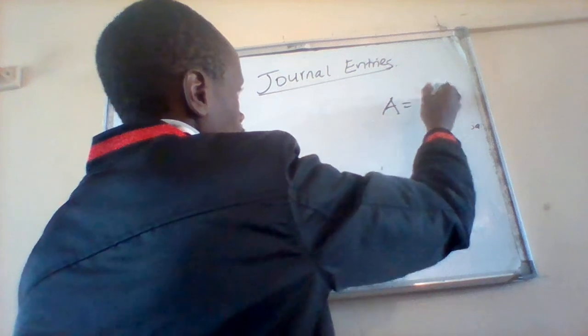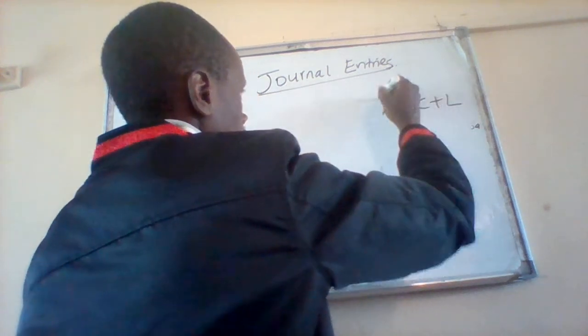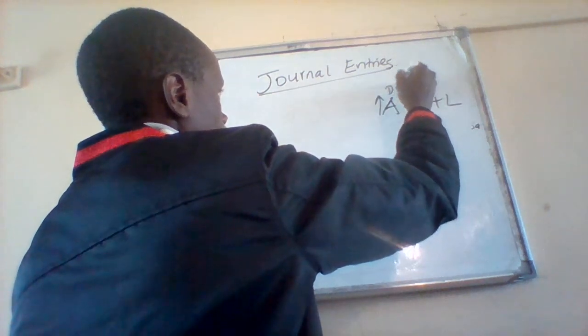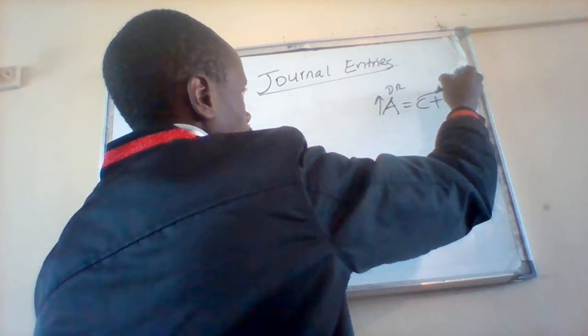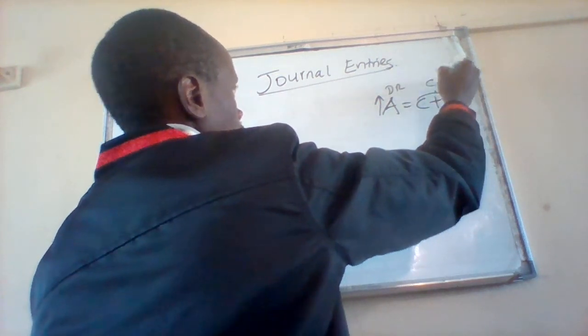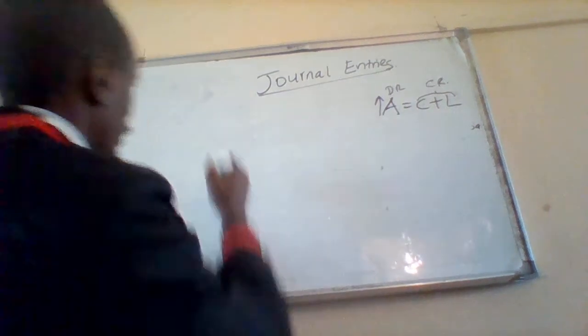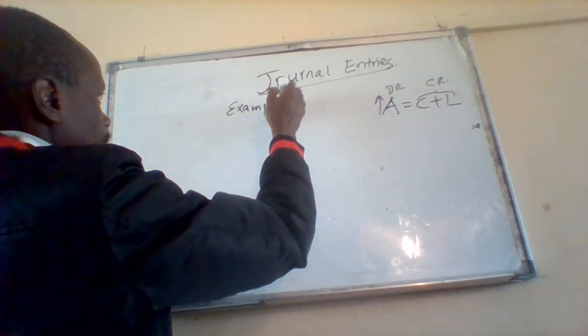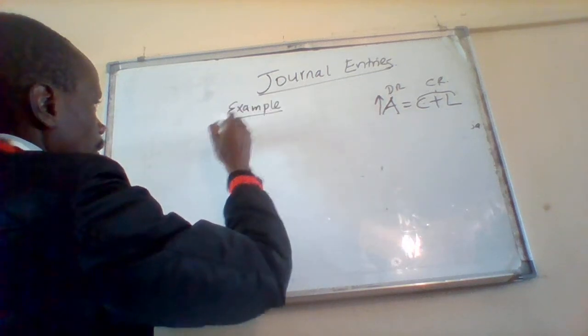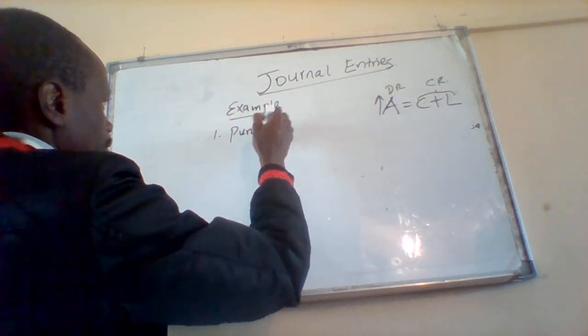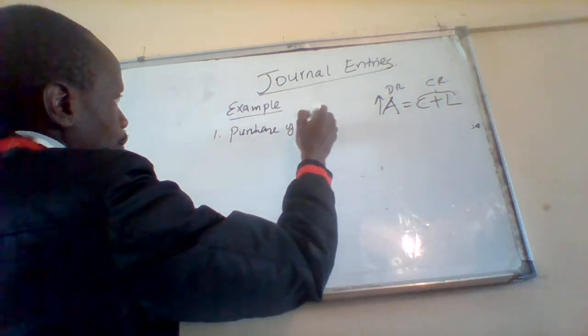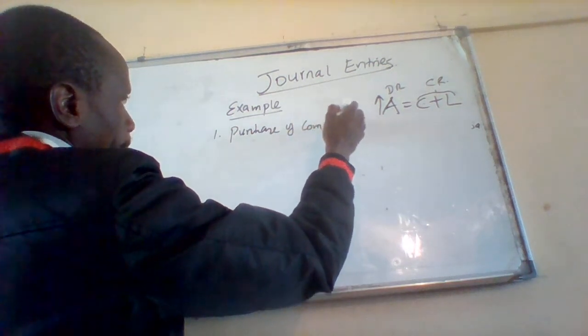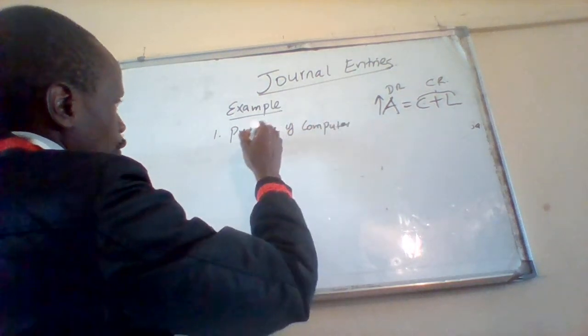Asset is equal to capital plus liability. This one is debit. Then on that side we credit. So number one, example, purchase of computer in cash.